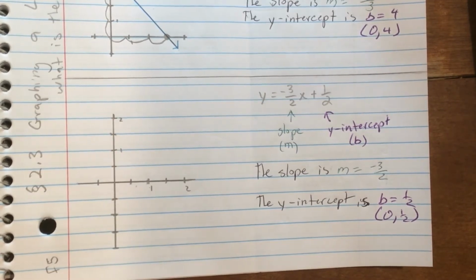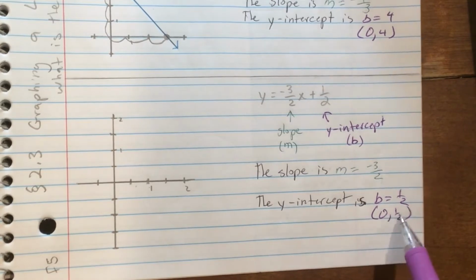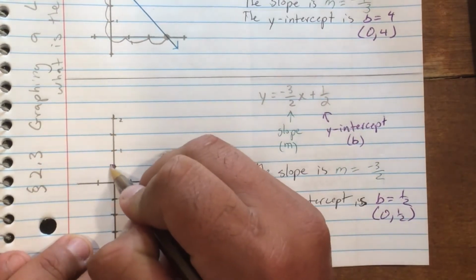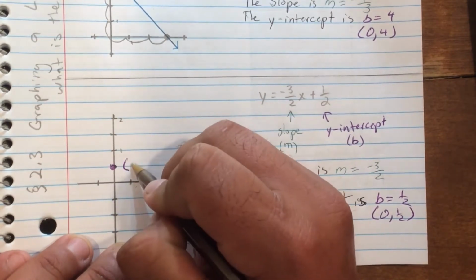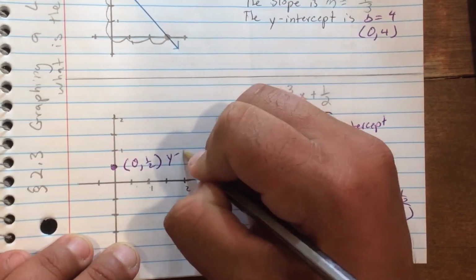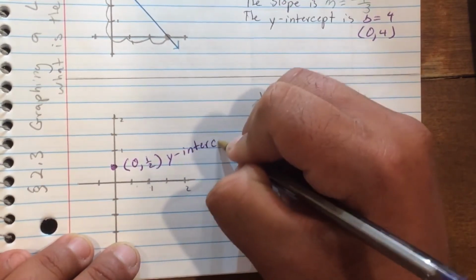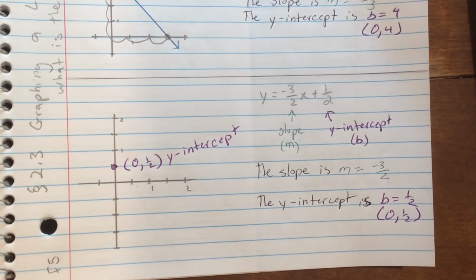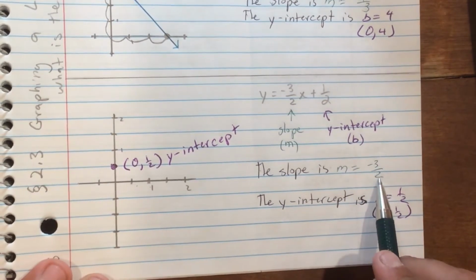Okay, so we have our (0, 1/2), which is our y-intercept. And then we have our slope of -3/2.